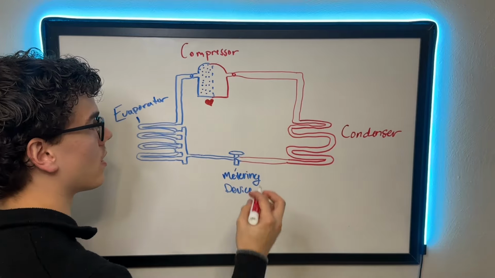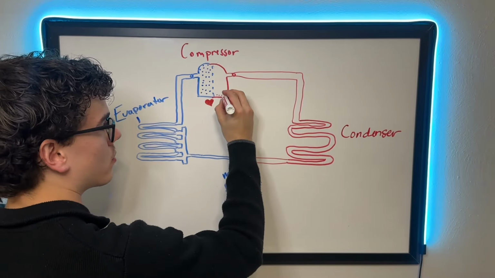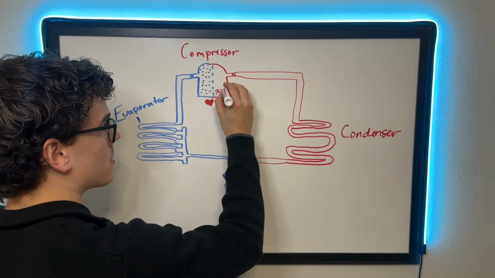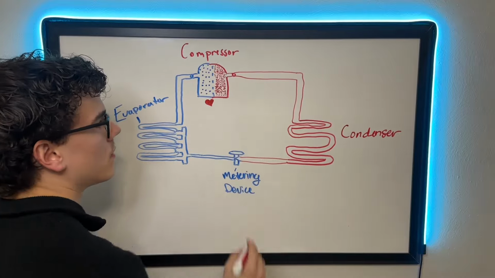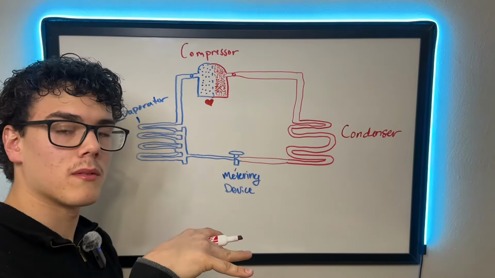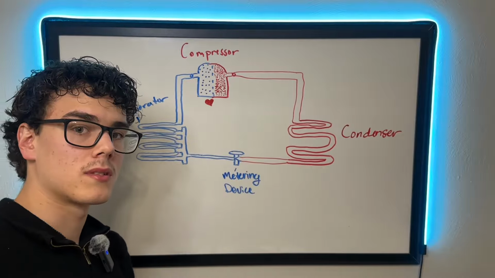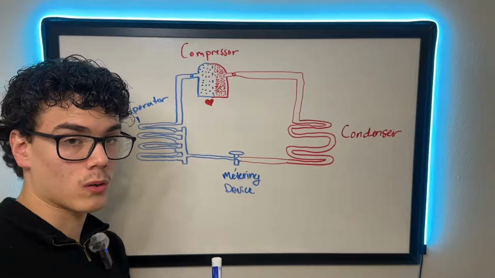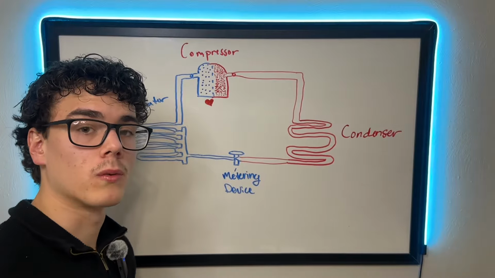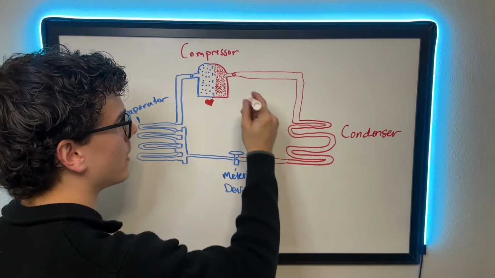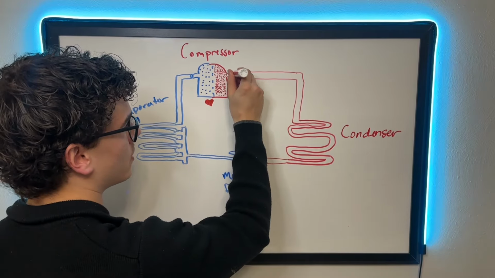What the compressor does is it raises the pressure of the refrigerant, which then increases the temperature. And if you remember from our thermodynamics course, when you decrease the volume of a space with a substance in it, it forces the molecules to bounce off the walls and off each other a lot more rapidly, increasing the heat energy.